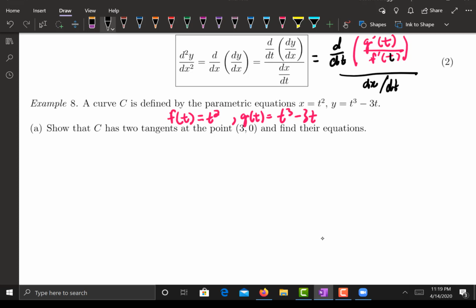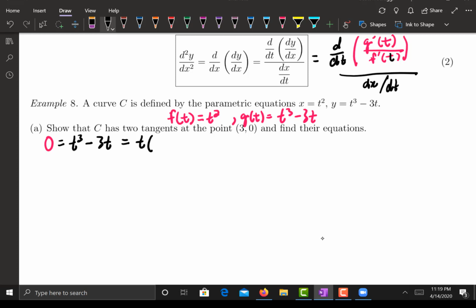So here's the first thought that I have. Since I know that the y value is 0, I'm going to put in 0 for y, and check what value of t will give me the value of 0 for y.